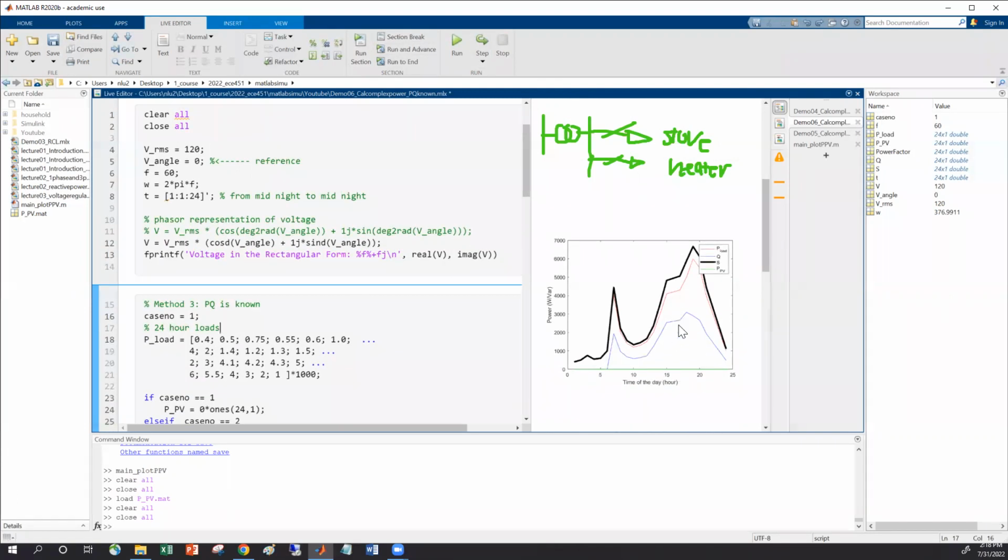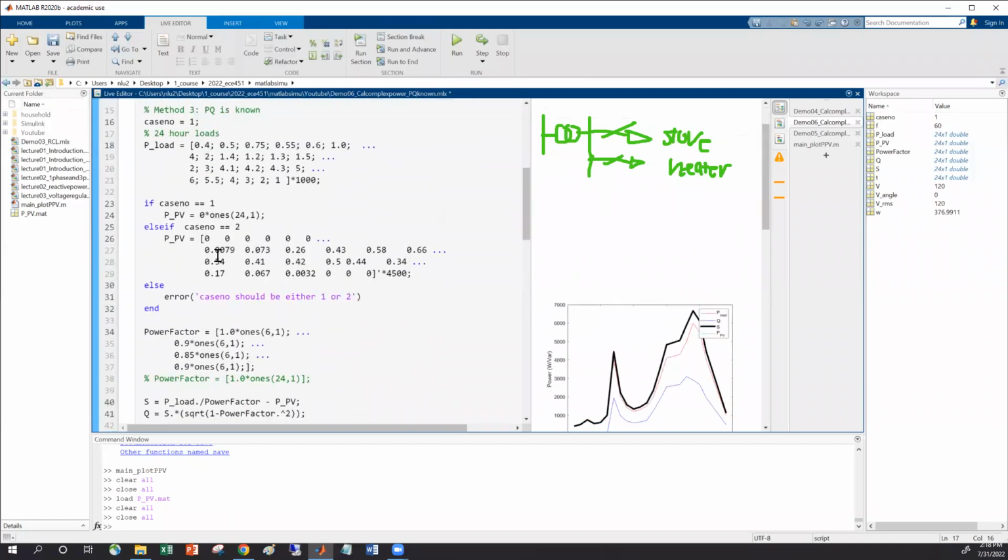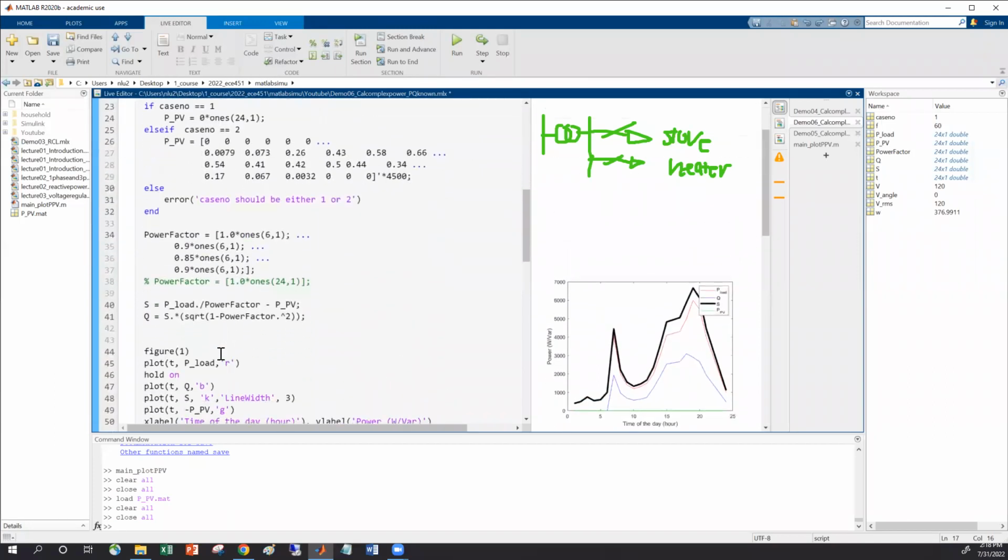You can see that the blue one is the reactive power, and the red one is the real power. At night, because the power factor equals 1, you can see that the real power equals the complex power because there's no reactive power.